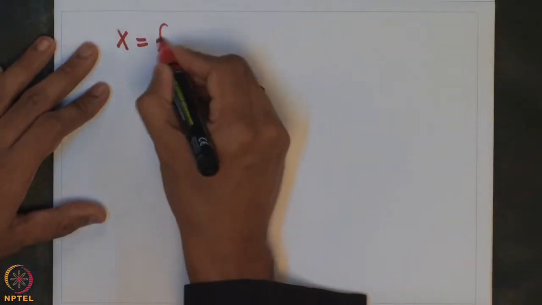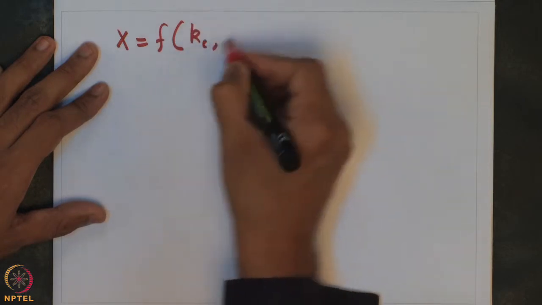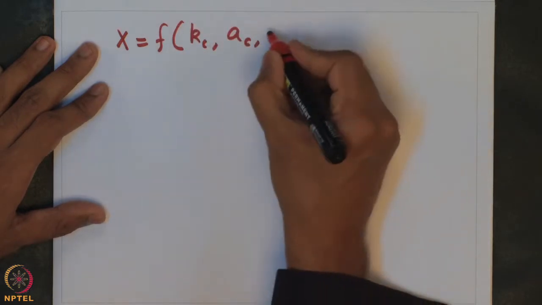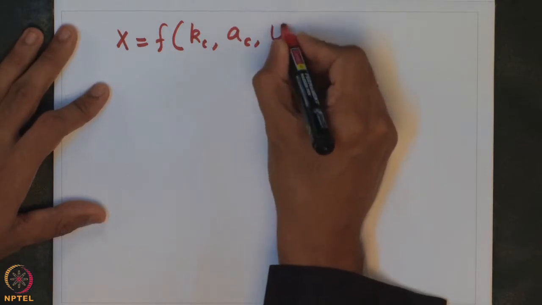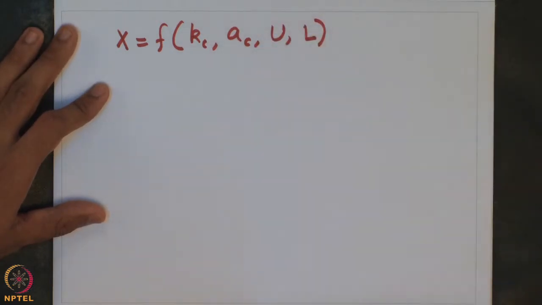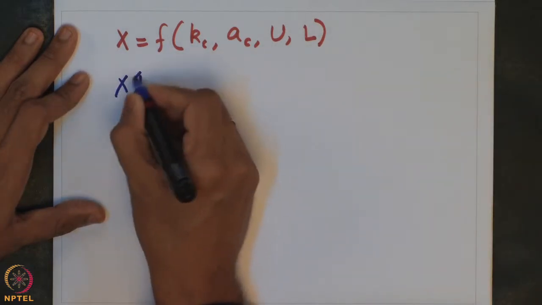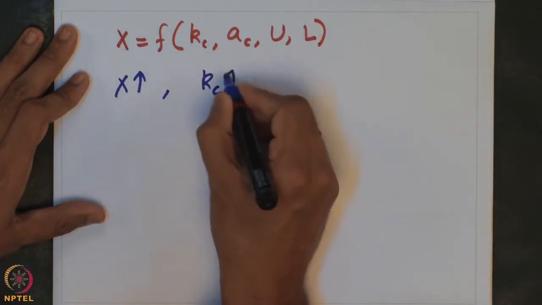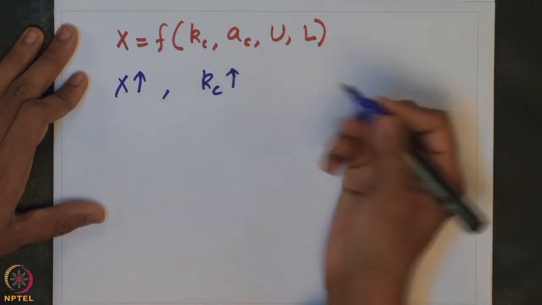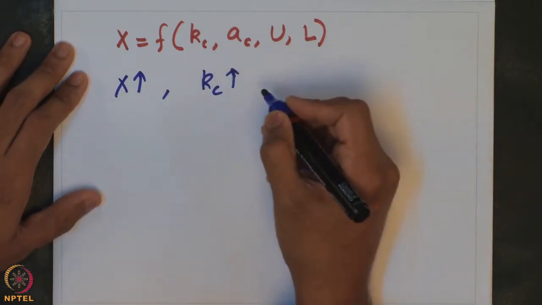So, let us look at how to estimate the mass transport coefficient in packed bed reactor design. Clearly the conversion is a function of the mass transport coefficient, the area per unit volume available for reaction, the superficial velocity, and the length of the bed. If I want to improve the conversion, one way is to improve the mass transport coefficient. How do we estimate it?